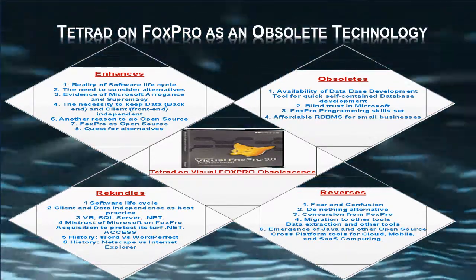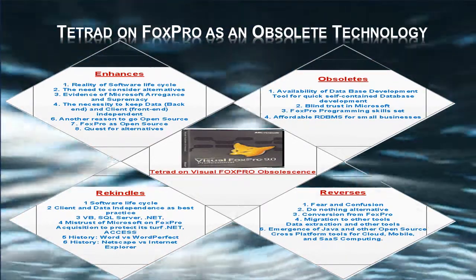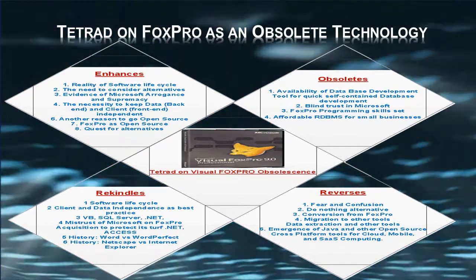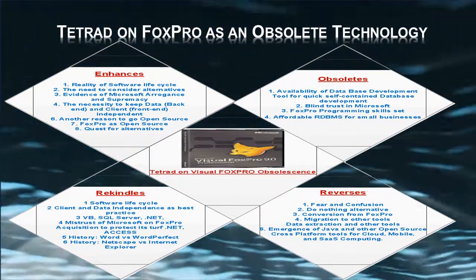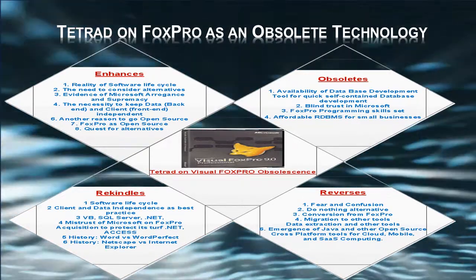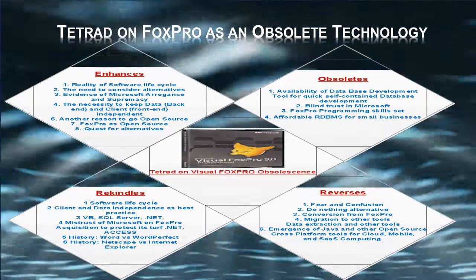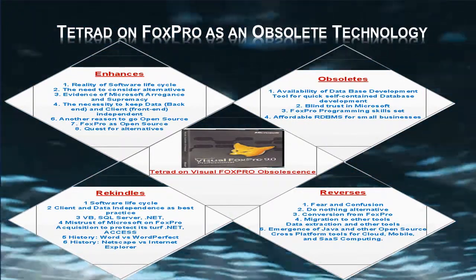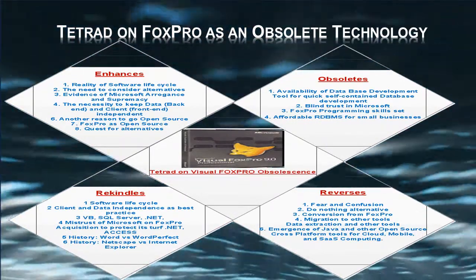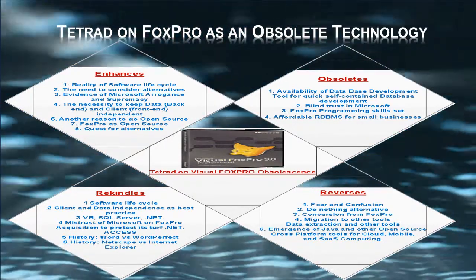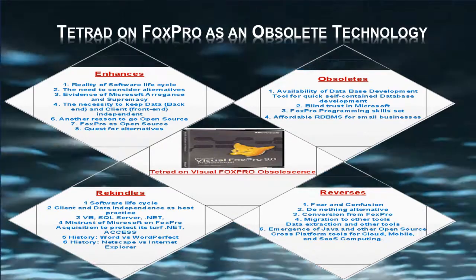Now, let's look at quadrant 4. What is it that the demise of Foxpro is reversing? Well, first of all, it reverses field confusion. Everybody is scared. What's going to be happening? Anyway. Second, do nothing alternative.